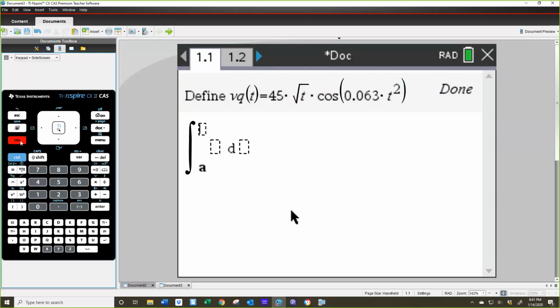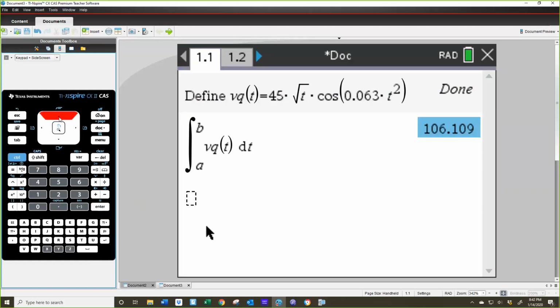I like to use tab to navigate around these templates. B, tab, and since I have defined this, again, I can just put in VQ of T with respect to T, and I have an answer that is rounded, and this is one of the things that, if you do teach with the Nspire, you definitely want to show your students, because there have been a few rounding issues with the default display that the students have.